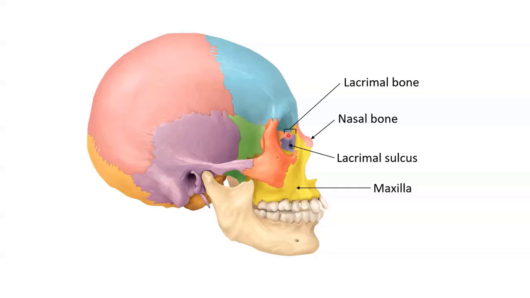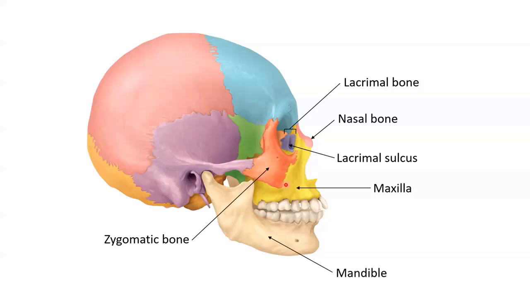We have the maxilla, or the maxillary bones, which are the two bones of the upper jaw. They form the floor of the eye sockets, part of the lateral walls of the nasal cavity, and also most of the hard palate, which is the bony portion of the roof of your mouth. The zygomatic bones are more commonly known as your cheekbones.